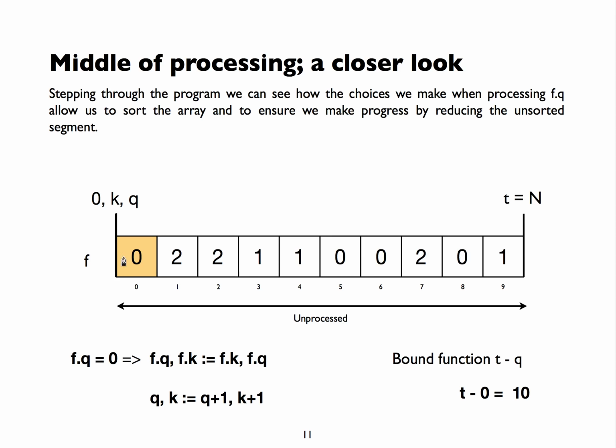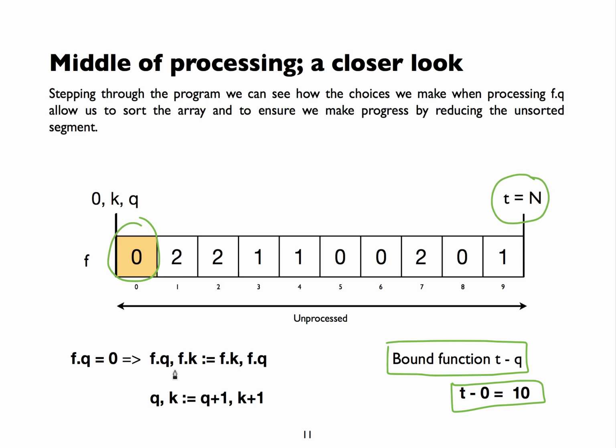We're processing at f.q, the one that we're processing currently in the yellow box. I've also given the bound function down here, which is t minus q. At the moment t minus q would be equivalent to t minus 0, which would be 10, because remember t is equal to n over here.